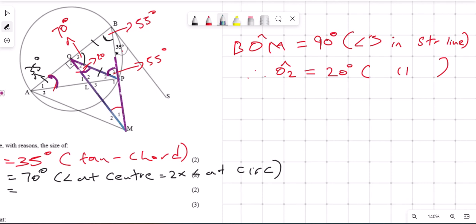Do you see the exterior angle? Can you see this is 20? Yes. This is 55. This is M1.